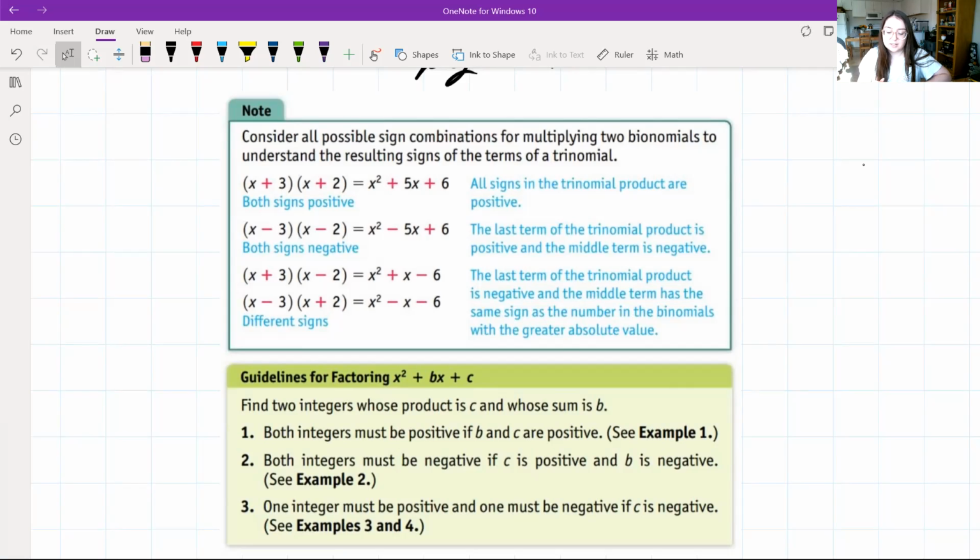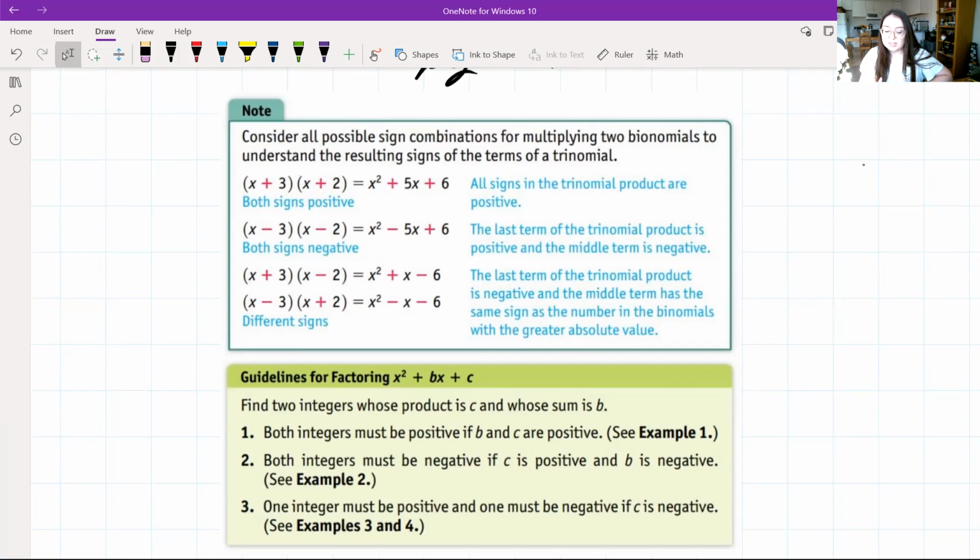If we have x squared plus x minus 6 or x squared minus x minus 6, we see that we have different signs. And with different signs, we're really going to have to pay attention to the sum, because in both cases we're going to end up with a negative product, but our sum may be negative or positive.